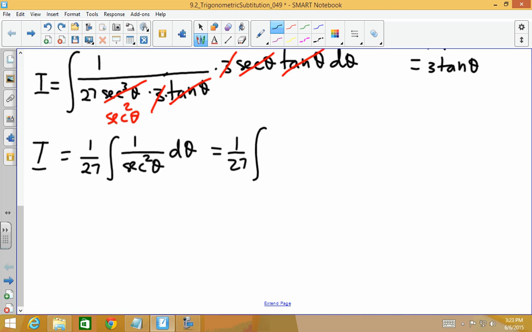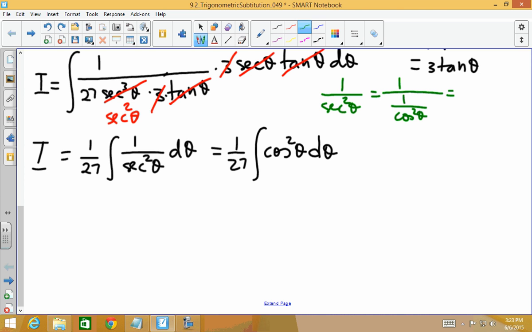Secant is itself the reciprocal of cosine, so the reciprocal of secant squared is cosine squared. So cosine squared theta d theta. If you don't see what I did, 1 over secant squared theta is 1 over 1 over cosine squared theta, which means 1 times cosine squared theta divided by 1, and that is just cosine squared theta.